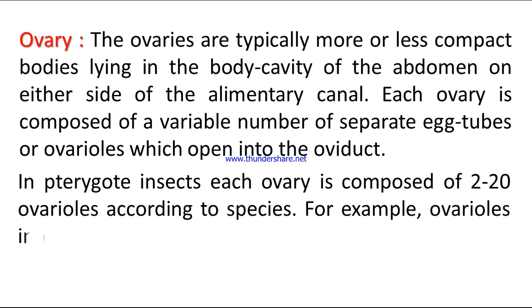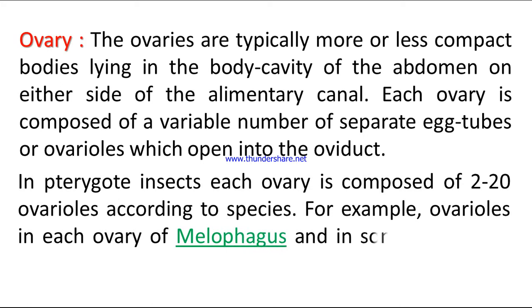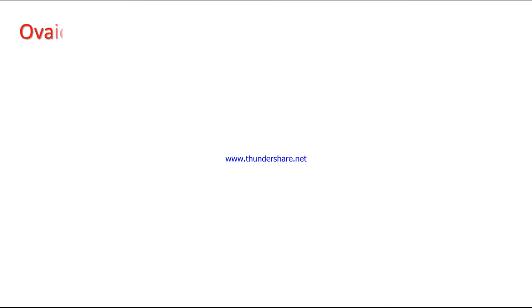For example, ovarioles in each ovary of Melophagus, and in some ants there are over 200 ovarioles.